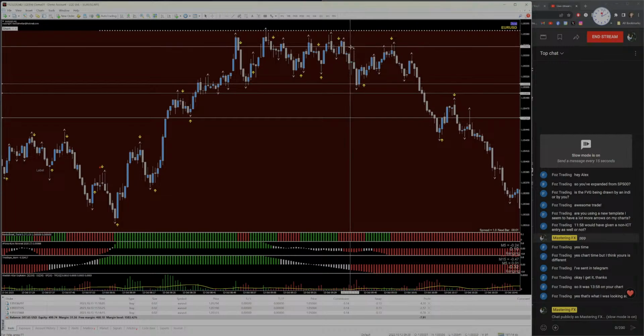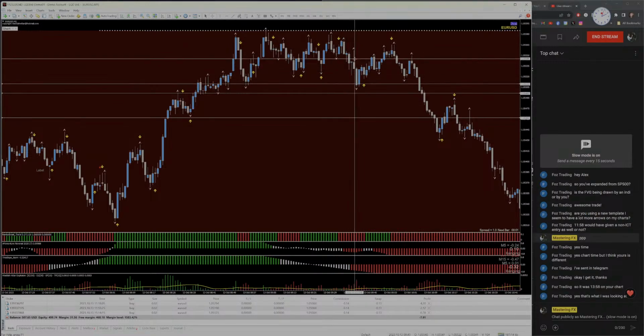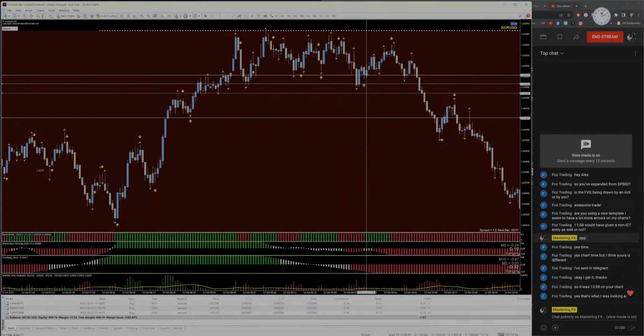This was not a fair value gap. See again, here's not a fair value gap. There's no fair value gap, so you wouldn't have had an ICT entry in this case. So again, this is where my strategy comes in.